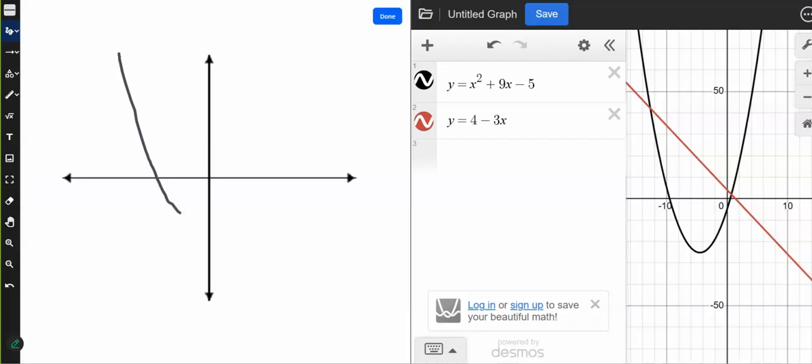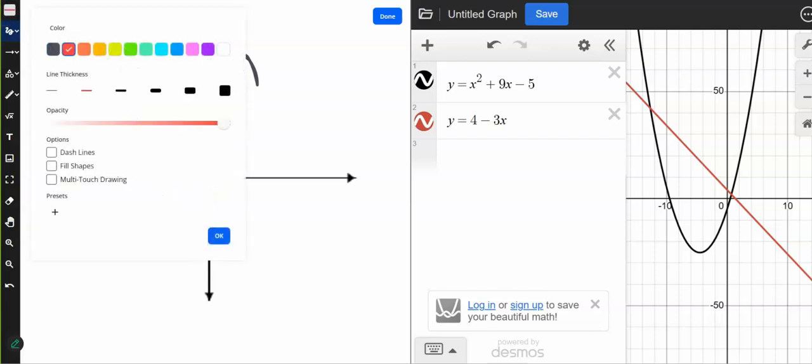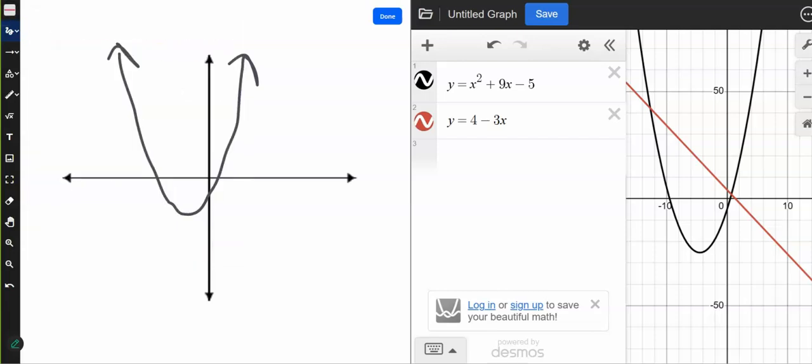Something that's doing this, comes back up like that. Okay. And then on my red one, I've got it crossing something like this. We just want to know the x values only of those 2 points.